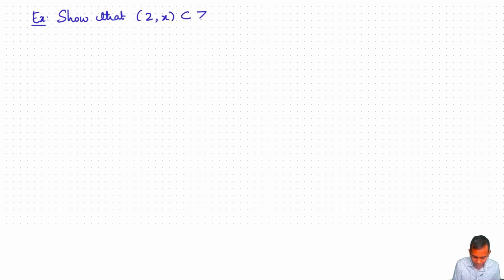We'll end this problem session by looking at a problem which I had promised we'll discuss later on, and this is the following. Show that the ideal generated by 2 and x in polynomials with integer coefficients is not a principal ideal.